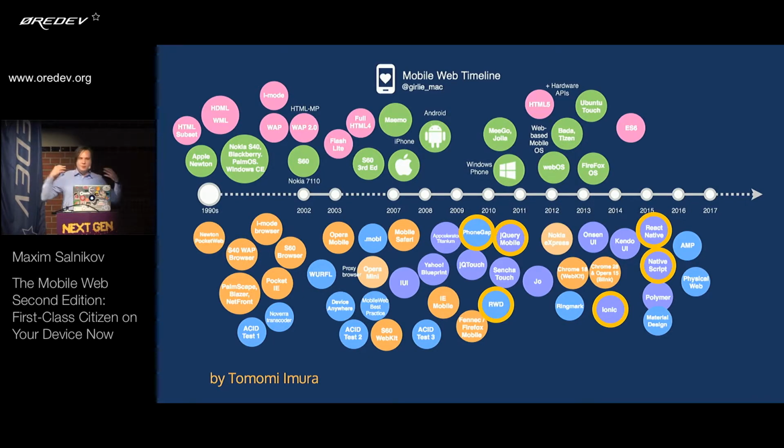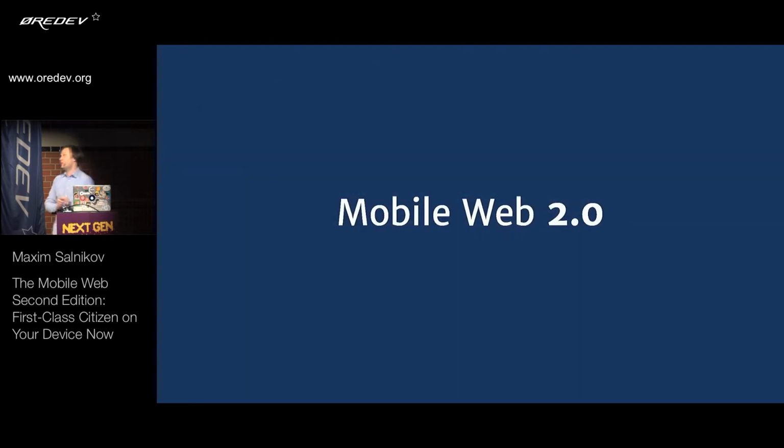They started to support more and more HTML5 features and even some device APIs like geolocation, camera access, and some other stuff. And here is this gap. So we can say that on the left-hand side, it's mobile web 1.0, and what we have now is mobile web 2.0, right? Or second edition, or just mobile web done in a proper way.